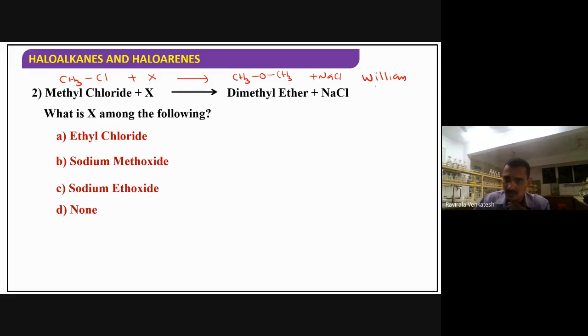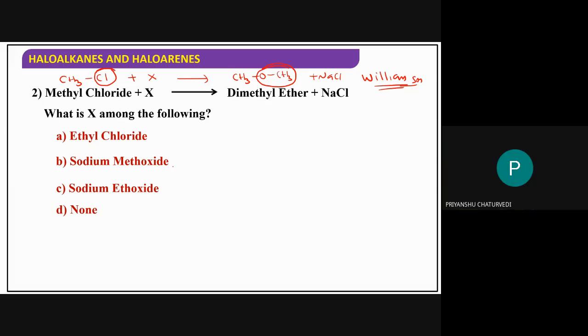What is X here? Now we got the extra product here. In the place of Cl, what did we get? Methoxy. Now where is the methoxy group? Sodium methoxide.